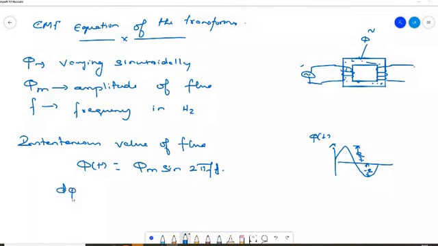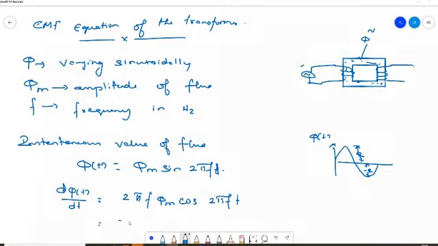So what will be my d phi of t by dt? When I differentiate, sine becomes cos. So it is ultimately 2 pi f phi m cos 2 pi ft. This cos I can write in terms of sine. So how will I do it?